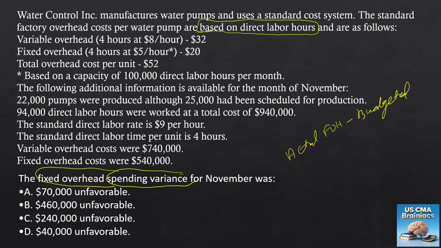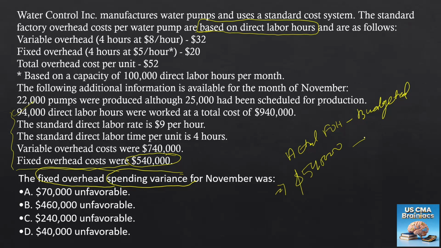Here, actual fixed overhead is already given, which is 540,000. How can you know that this is the actual fixed overhead? Because it mentions that fixed overhead costs were 540,000, and these details are for actual output. What about budgeted?